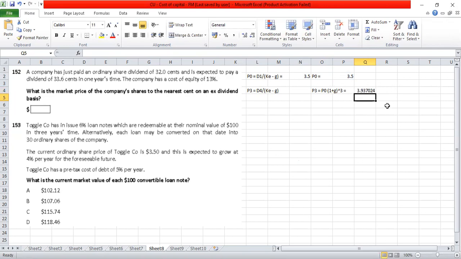Okay. P0 is calculated as per share, and P3 calculated is 3.937024. But the convertible notes will get converted into 30 ordinary shares.